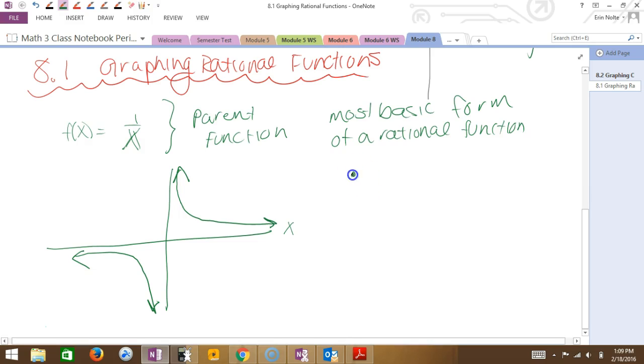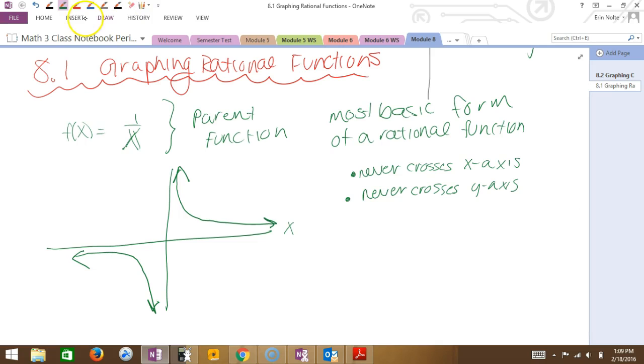So let's just make some observations. Never crosses the x-axis. What else? Never crosses the y either. So these are just some observations. Never crosses the x-axis and the y-axis.